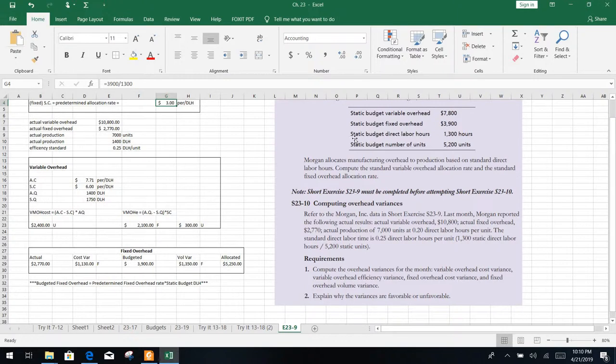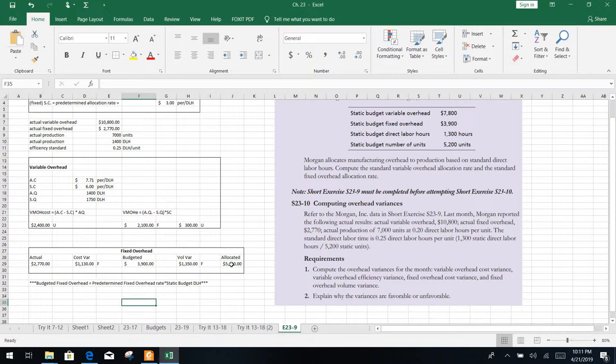And that's given here, static budget direct labor hours at 1,300. And that's how I got this 3,900 value, 3 times 1,300. I look back on my notes, that is a correct value. So we can move on.